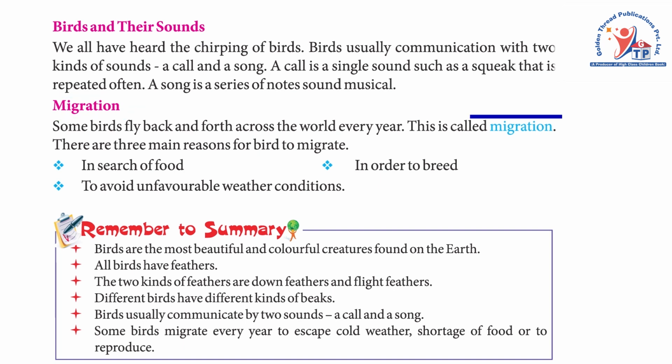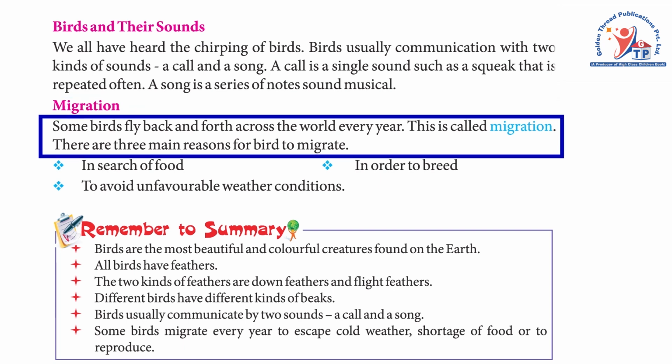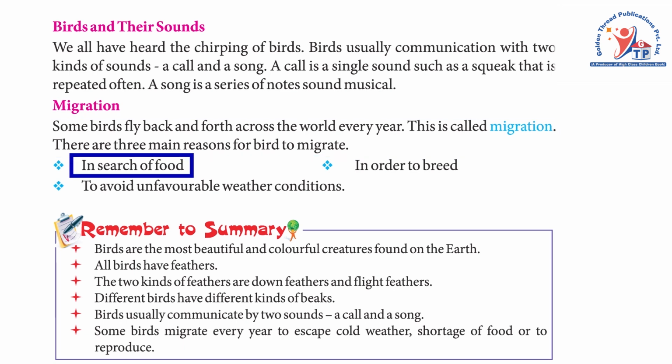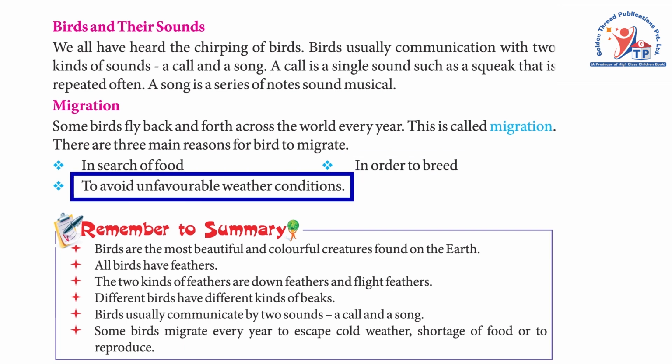Migration. Some birds fly back and forth across the world every year. This is called migration. There are three main reasons for birds to migrate: in search of food, in order to breed, and to avoid unfavorable weather conditions.